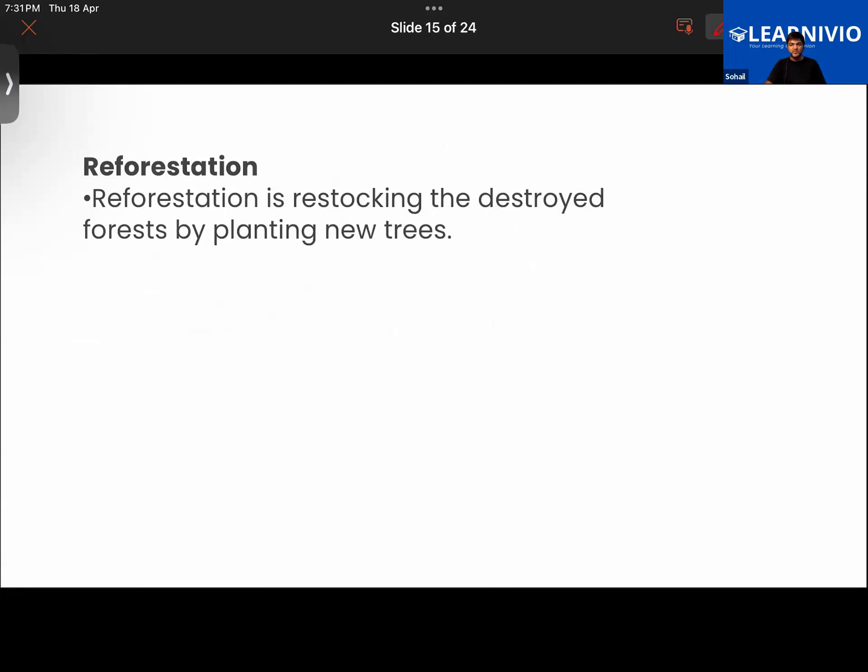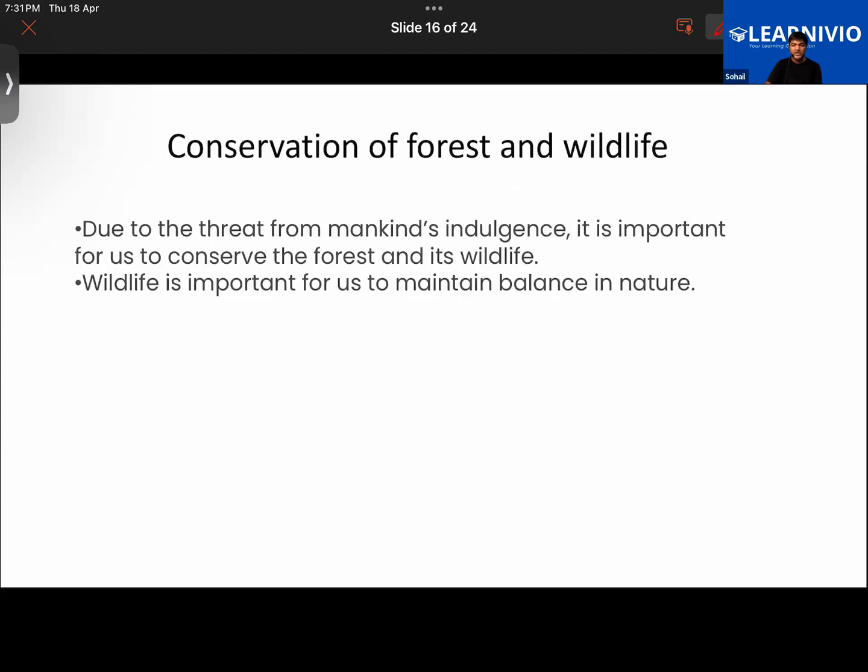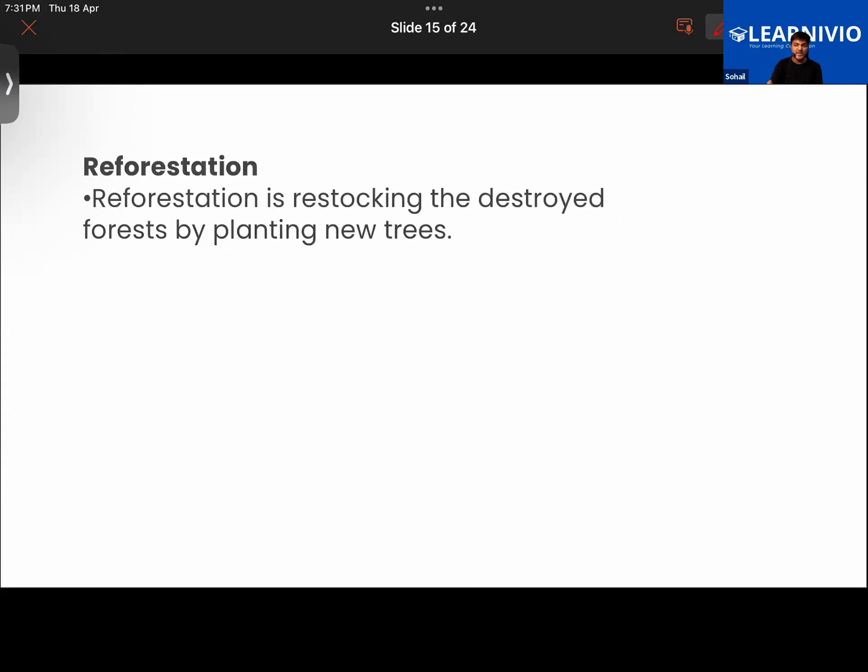In reforestation, we will be studying it as simply the restocking of the destroyed forest by planting new trees, right? That is what reforestation means in simple terms. You cut down the forest, but make sure you plant the same number of trees, or you don't cut down the endangered species of trees, or you don't cut down the trees from that forest where endangered species are living.